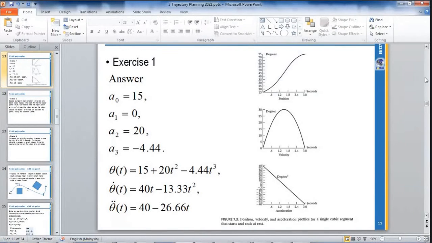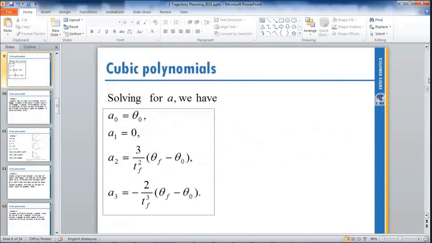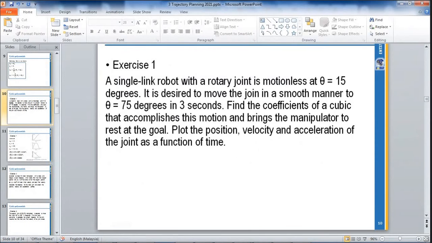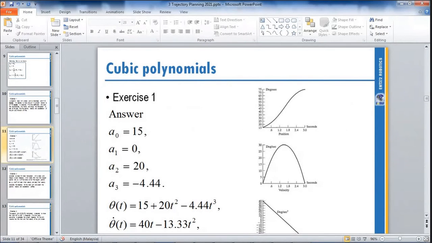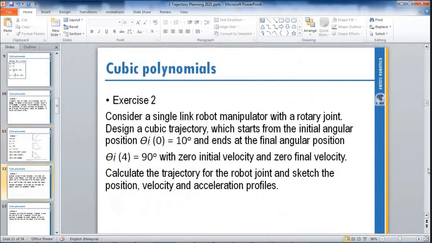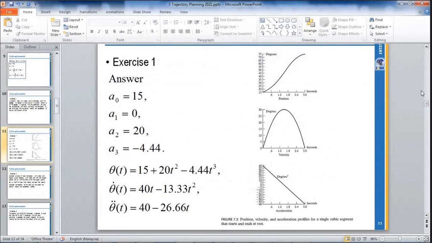The equation here is actually to find out your coefficient values. So once you have this equation, you can put this equation into your microcontroller.